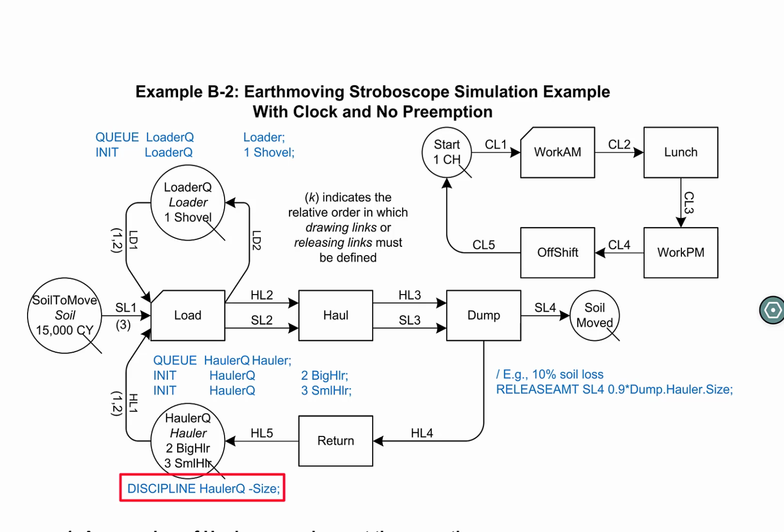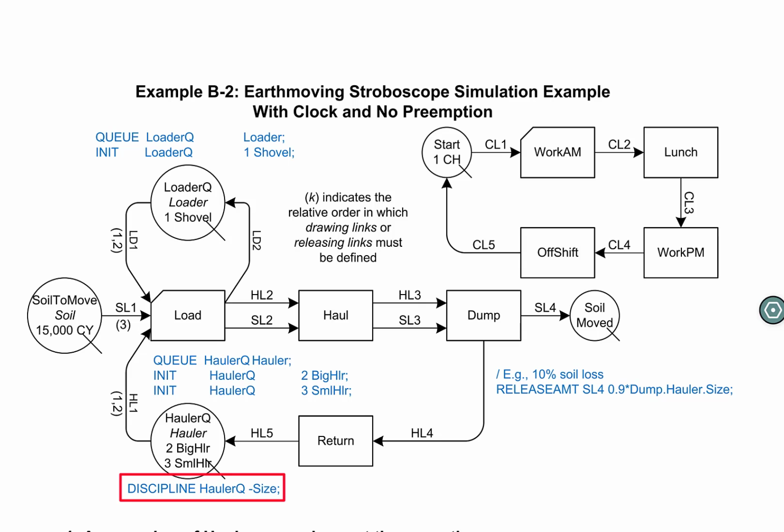The formula minus size means that when a big hauler enters the queue hauler queue, it will be positioned in front of any small haulers already in the queue, but behind any other big hauler that is already in queue. Discipline arranges resources, giving priority to those whose property is smallest.